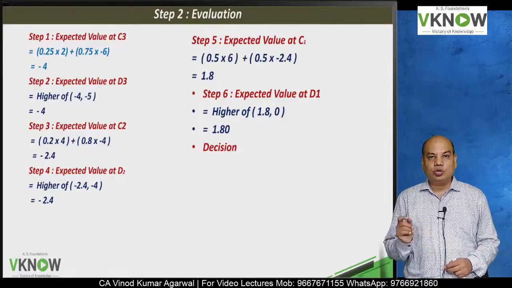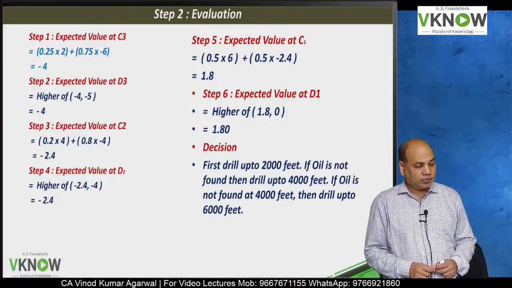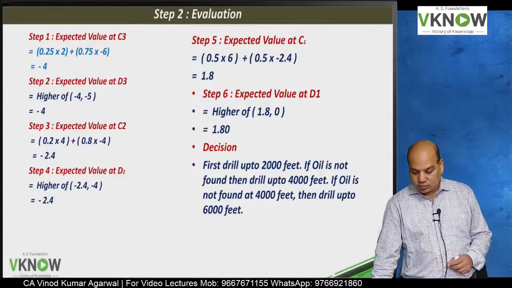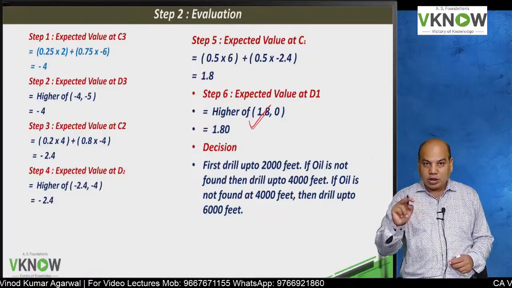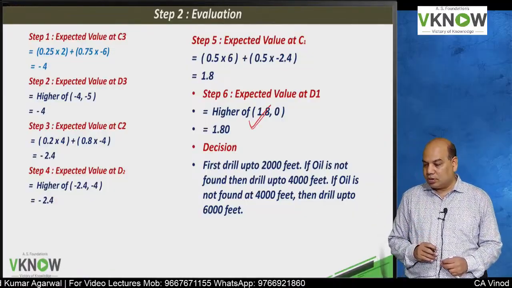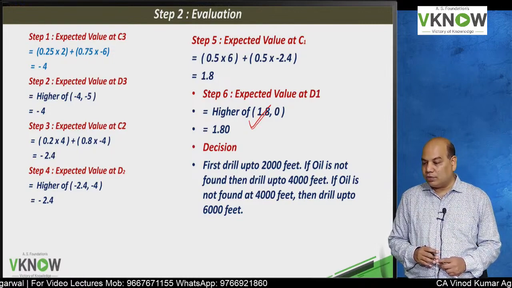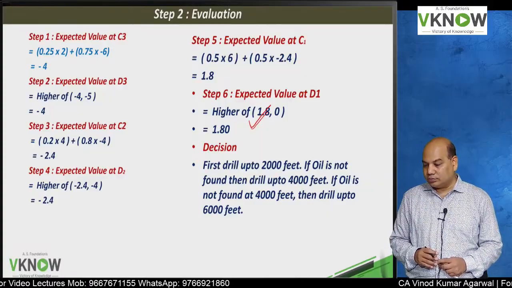So you will conclude your answer by writing the decision. The decision is first drill up to 2000 feet. This 1.80 is the value of drill up to 2000 feet. If oil is not found, then drill up to 4000 feet.